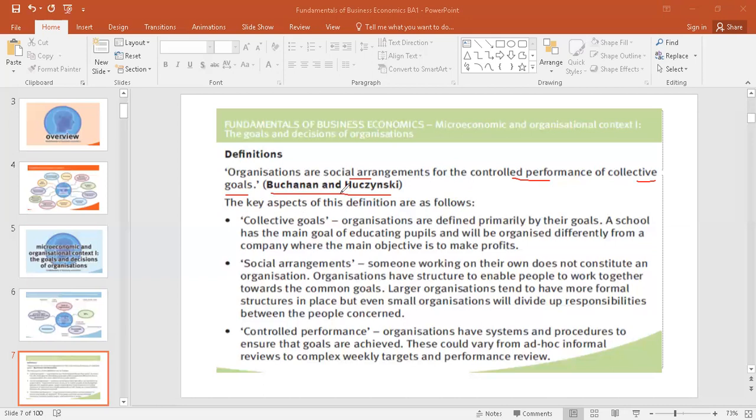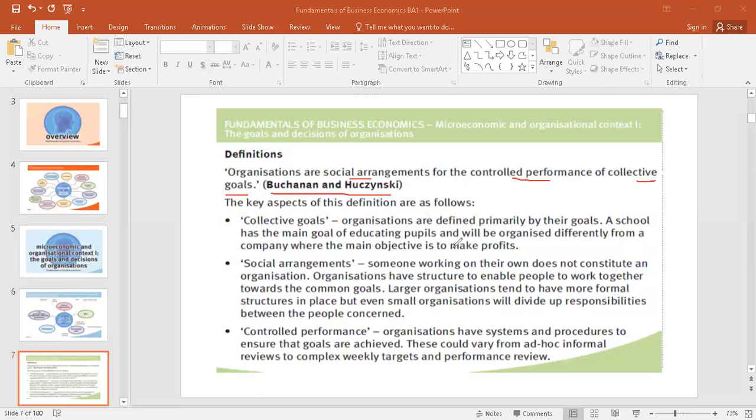Their performance is looked at as a collective performance because they all have one common goal. Organizations are defined primarily by their goal. A school has the main goal of educating pupils and will be organized differently from a company where the main objective is to make profit.